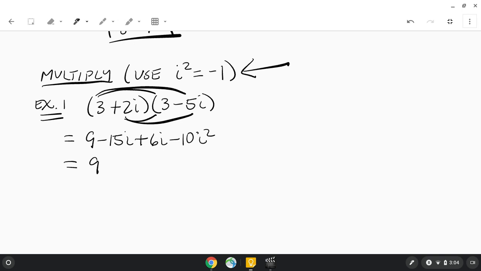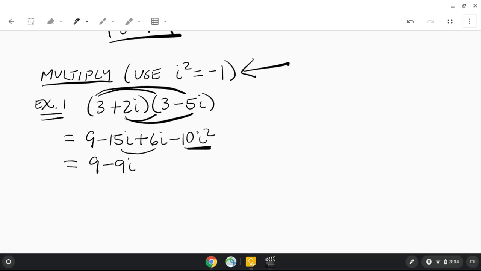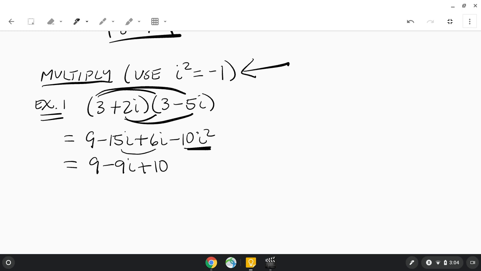And I'm going to combine like terms. So these two right over here, that's going to give me negative 9i. And then this here, that i squared is a negative 1. So then this negative 10 becomes positive 10.